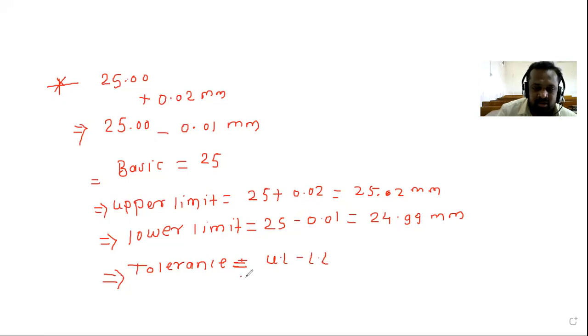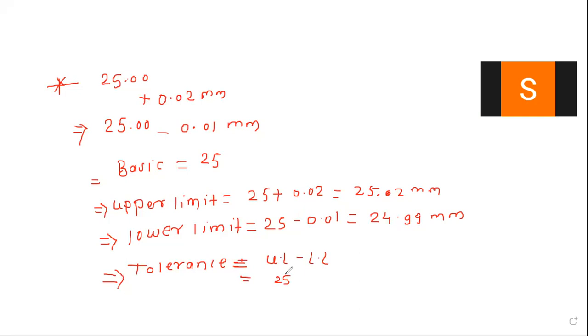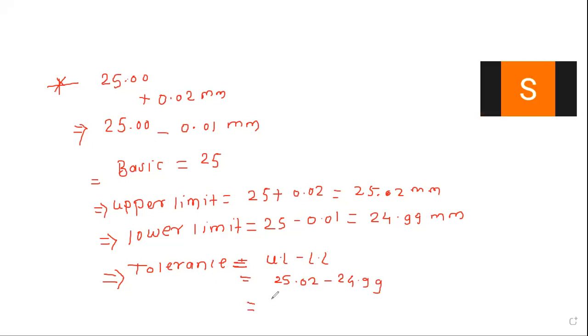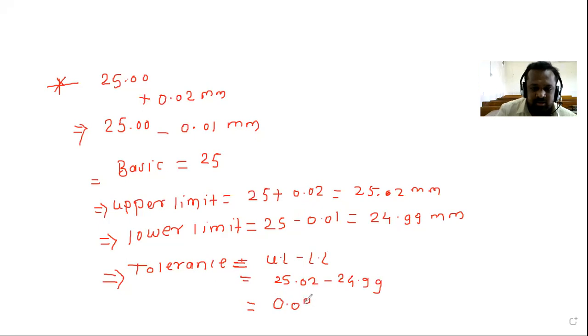Then write down the upper limit, 25.02, minus 24.99. Then tell me the tolerance. 0.03. Yes, 0.03.